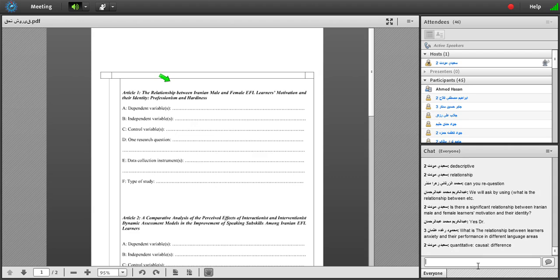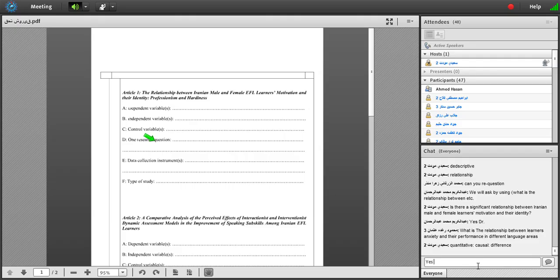What groups? Groups with interactionist dynamic assessment and interventionist dynamic assessment models. So effects of interactionist and interventionist dynamic assessment models can be considered as independent variable. Effect of this on something else, okay? So these are independent variables.